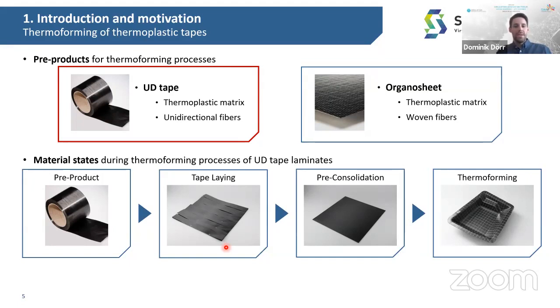This is then used in a subsequent step, the so-called pre-consolidation step, where this blank is heated up well above the melting temperature of our thermoplastic and then cooled down under transversal pressure. And finally, we use this 2D blank in the final step, which is called the thermoforming step itself, which transforms the 2D blank into the 3D part.